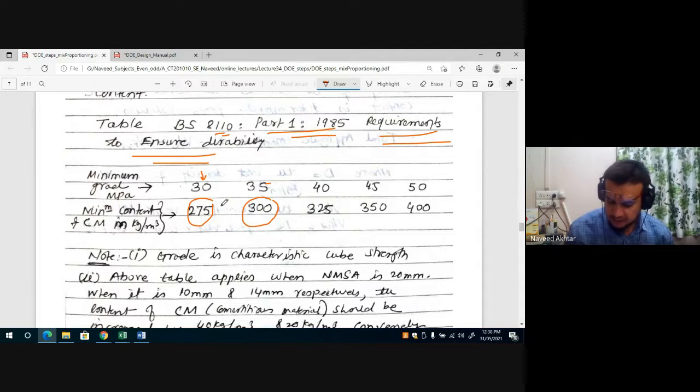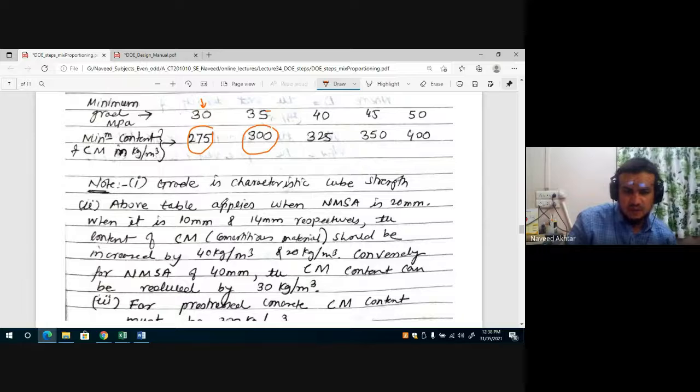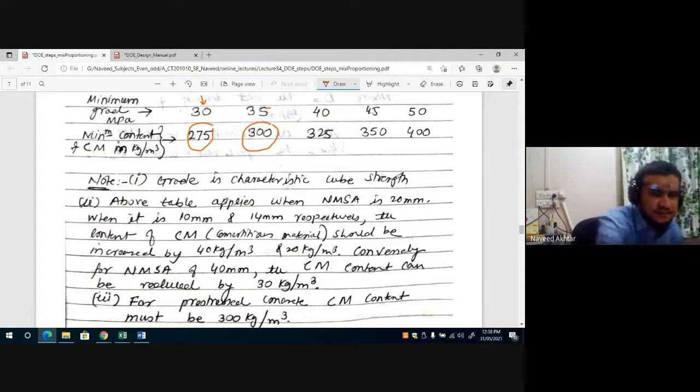The above table applies when the nominal maximum size of aggregate is 20 mm. When it is 10 mm or 14 mm respectively, the cement content should be increased by 40 kg per cubic meter and 20 kg per cubic meter.